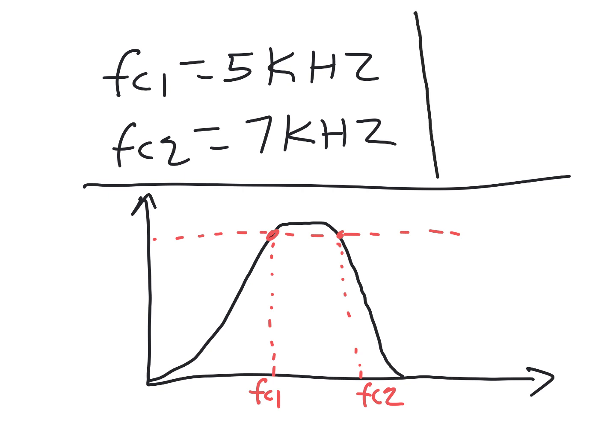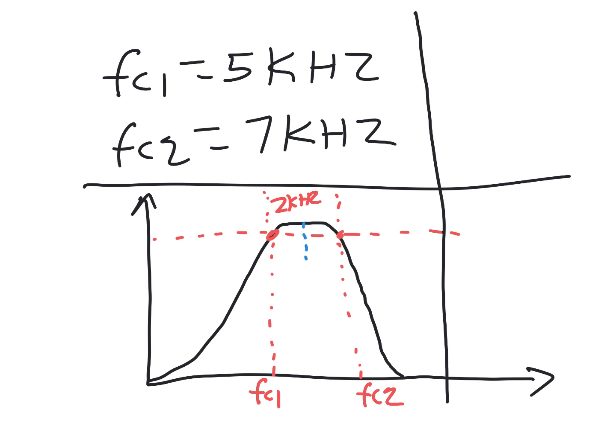Okay. The bandwidth then would be simply 2 kilohertz, the 7 minus the 5, right?